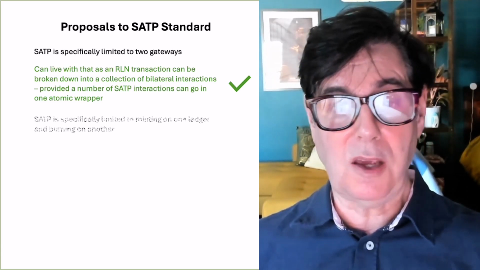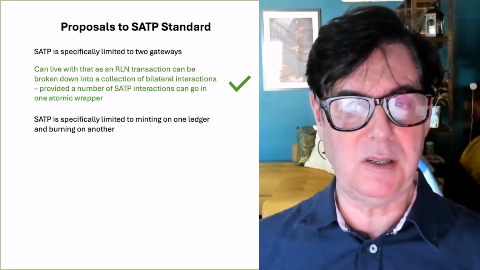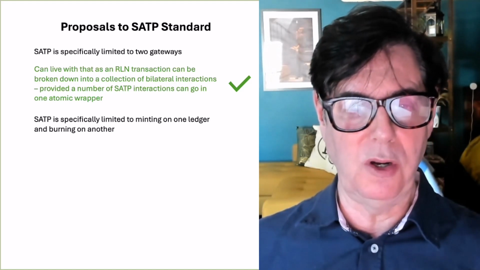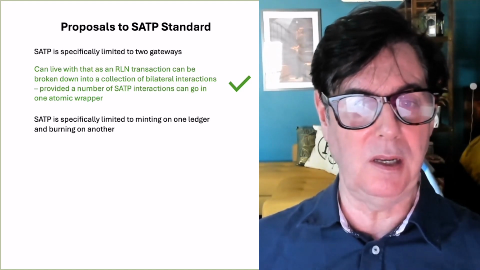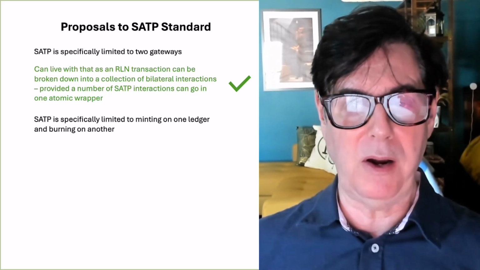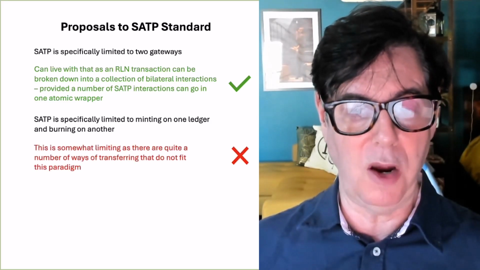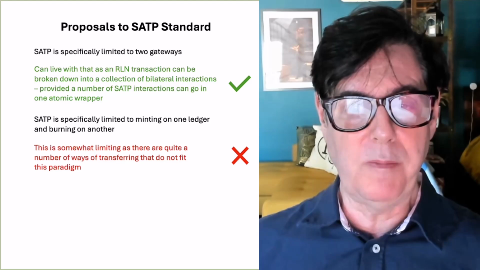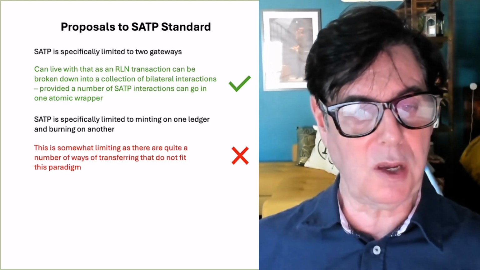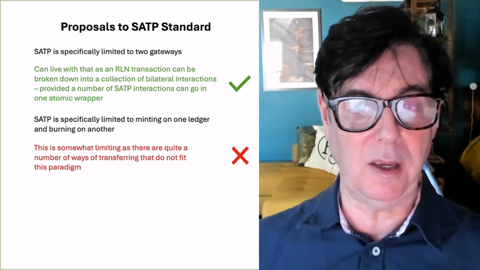Second, the current draft of SATP strictly limits the interaction to a mint in one network coupled with a burn in another. This is only one of the myriad paradigms that are needed for a fully functional gateway on the RLN. Even amongst one-way transfers, this does not cover many of the different ways of achieving a transfer, like wrapping, for example.